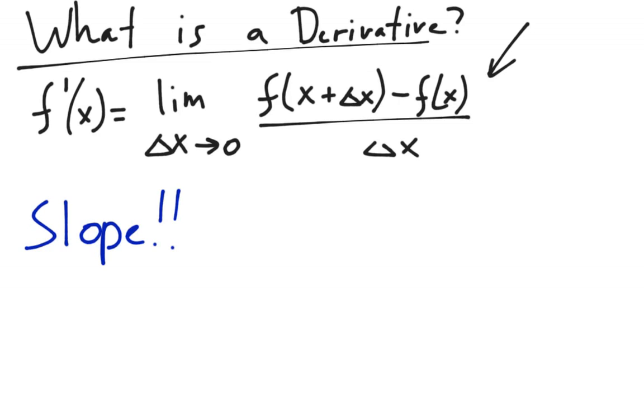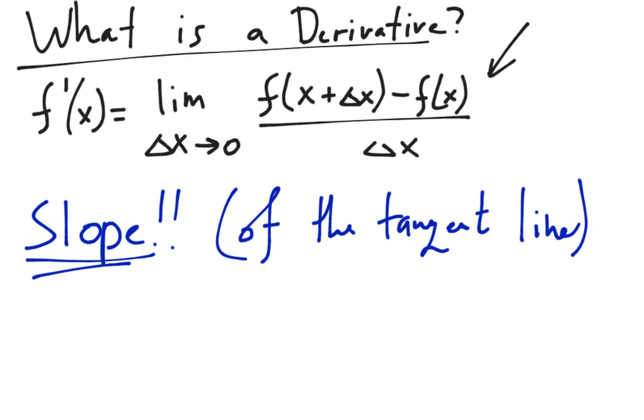The easiest way I found to explain a derivative is that a derivative is basically slope. They're not technically interchangeable, but they both contain the same ideas of like slope of a secant line. Derivative is the slope of a tangent line. So specifically, a derivative is slope, specifically slope of the tangent line to a function.